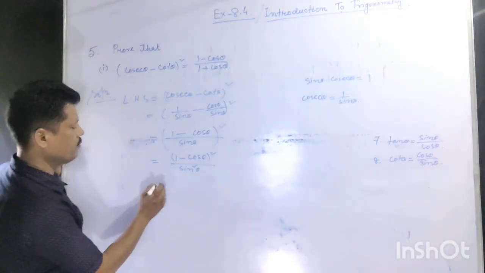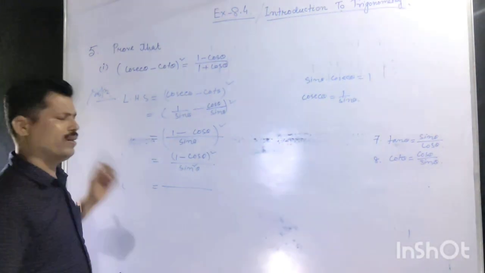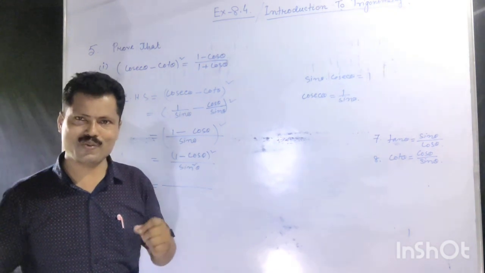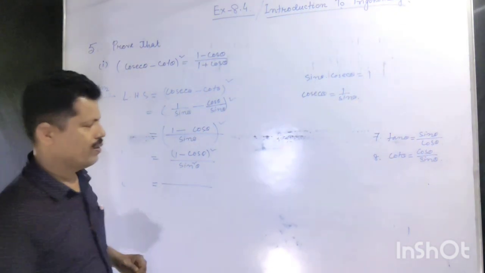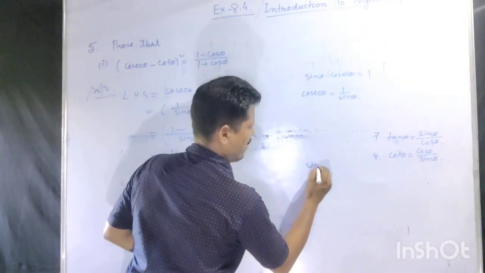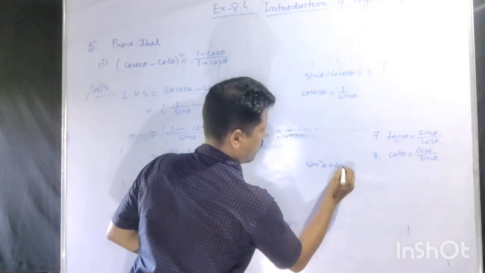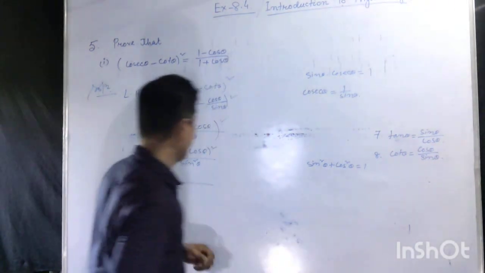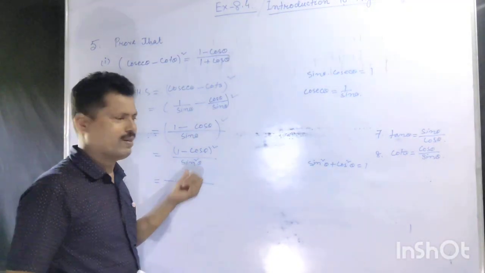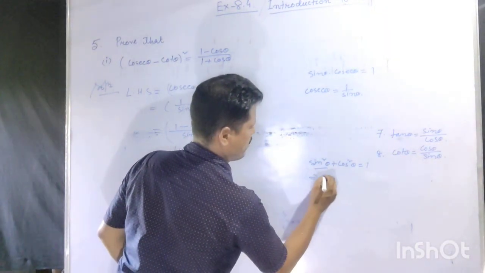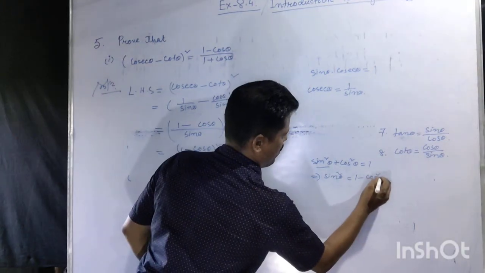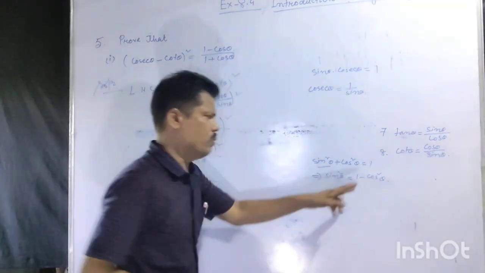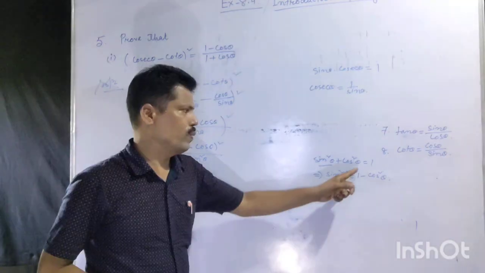Now we know sin square theta means what? Sin square theta is equal to 1 minus cos square theta. We know sin square theta plus cos square theta is equal to 1. So we write sin square theta is equal to 1 minus cos square theta, and 1 means 1 square.